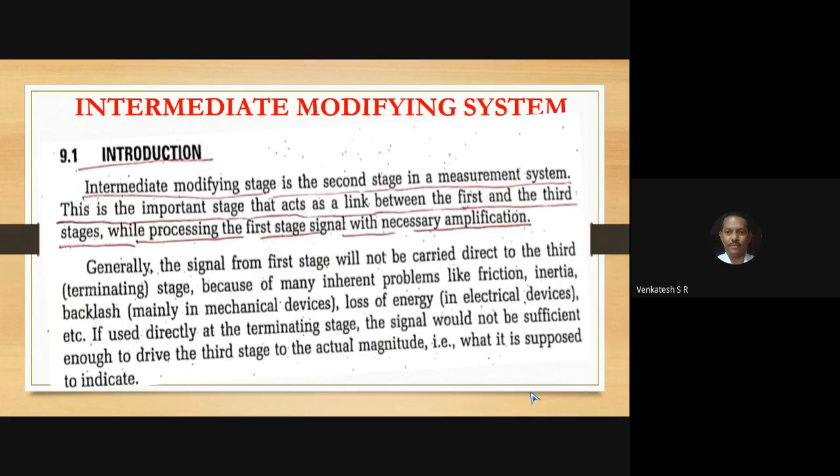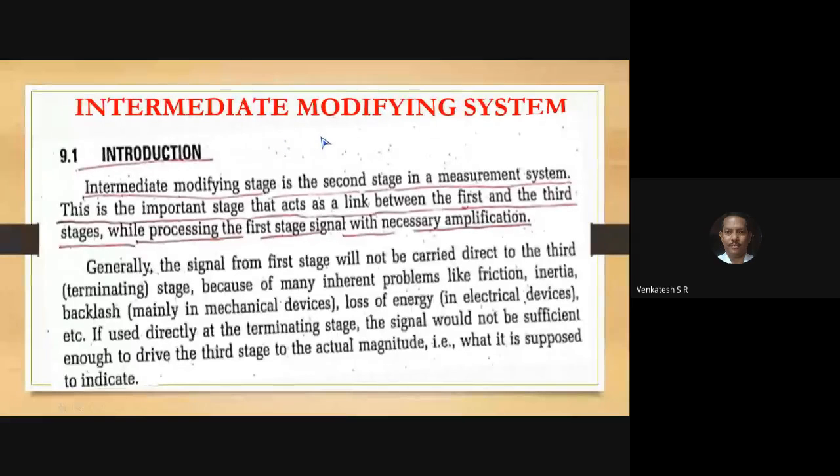In the final stage, you are measuring the temperature or pressure or current or anything. The name itself says intermediate, which receives the signal from the primary stage and modifies and amplifies the signal, that is, converts the input signal into an analogous signal.